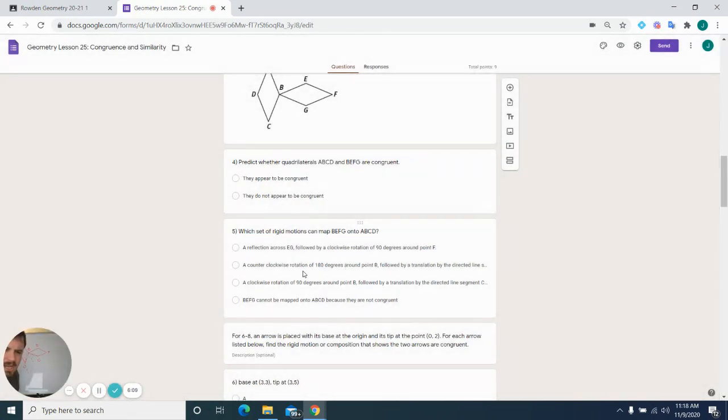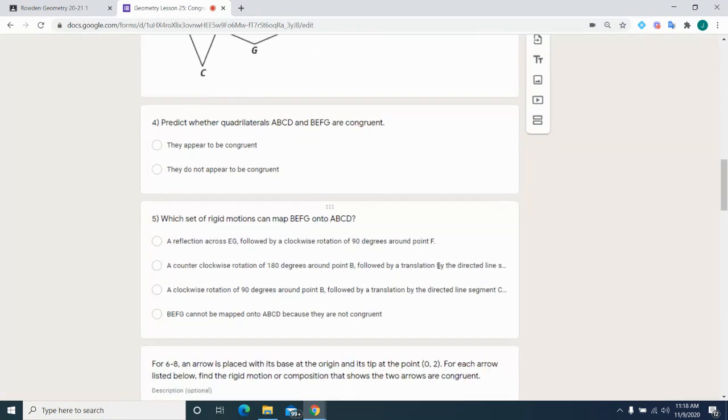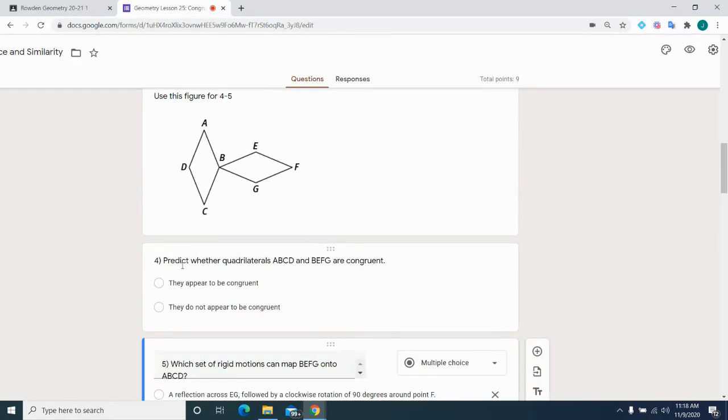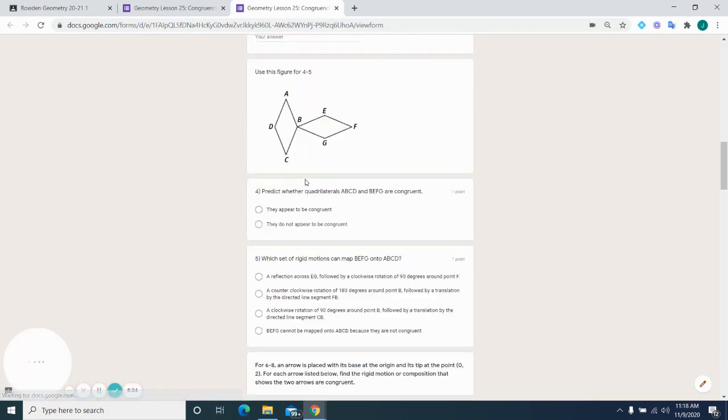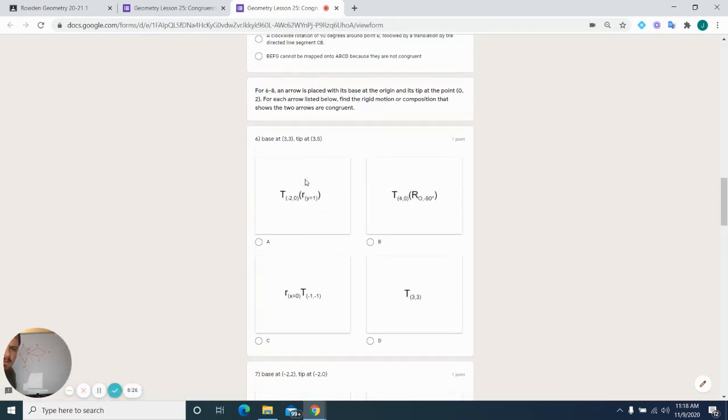Look at the second option. A counterclockwise rotation of 180 degrees around point B, followed by a translation by the directed line segment FB. Hold on. Let me change the view. There we go. Okay, now we should be able to see the whole answer.